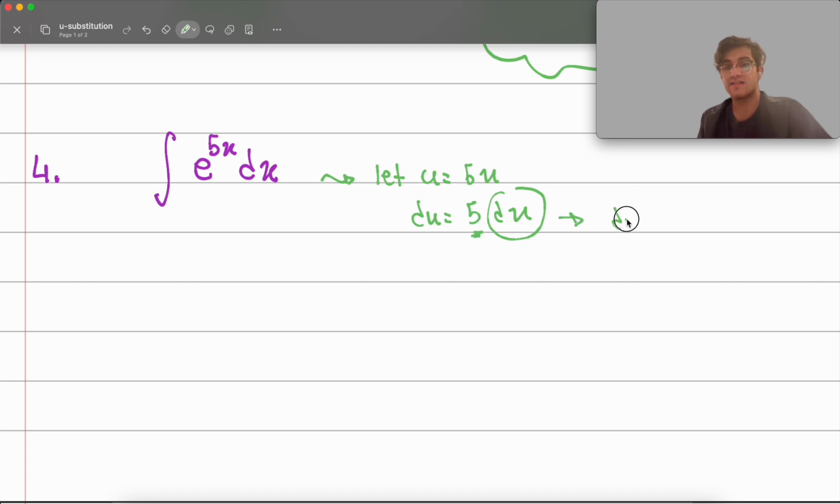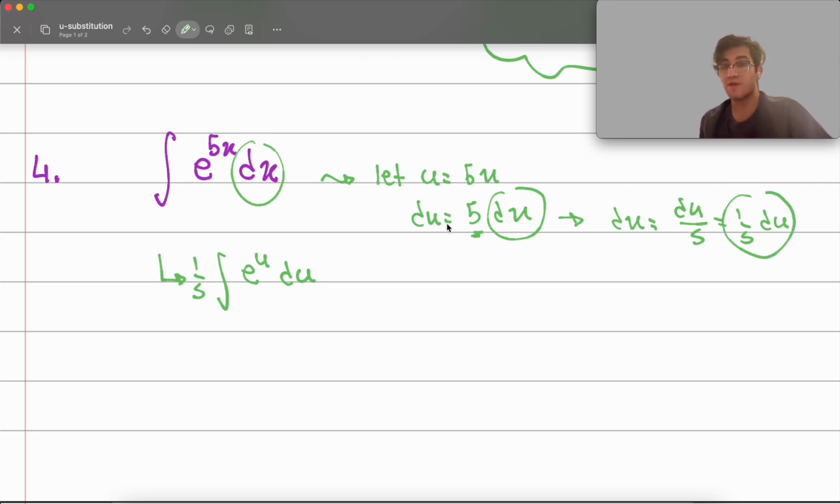So I can say dx is du over 5 or 1/5 du. So I can rewrite the integral as 1/5 e to the u du. So the thing is, we replace dx with 1/5 du. I move the 1/5 back to the integral, and instead of 5x, I just replace it with u, so I can see it as my exponent.